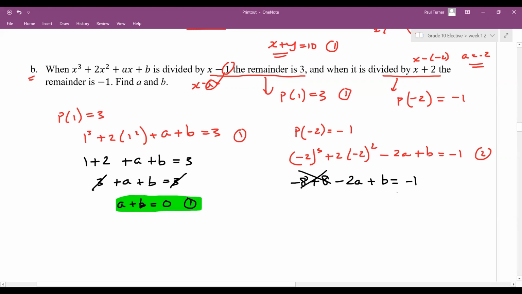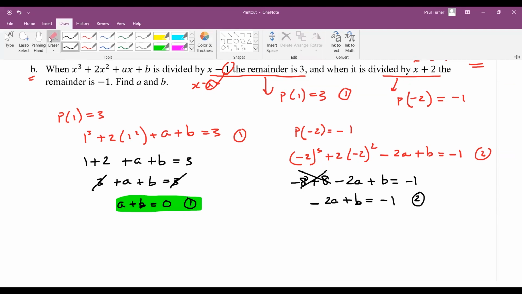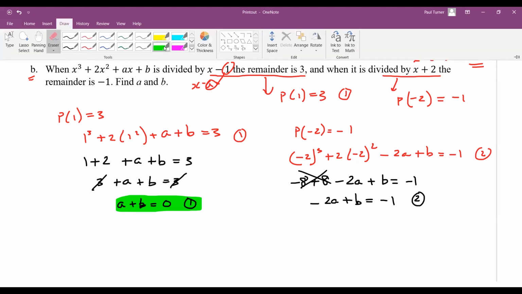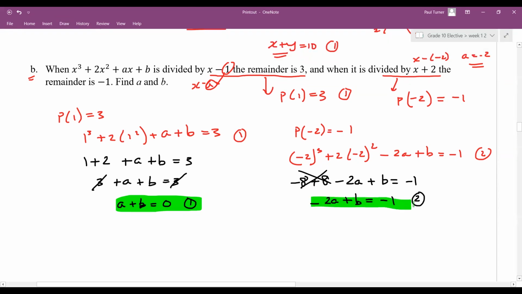Well, that's it. Minus 2a plus b equals minus 1. That's your second equation. It may look a bit different, but it should actually be the same when you rearrange it. So yours may look a bit different, but you can still end up with the same answer.